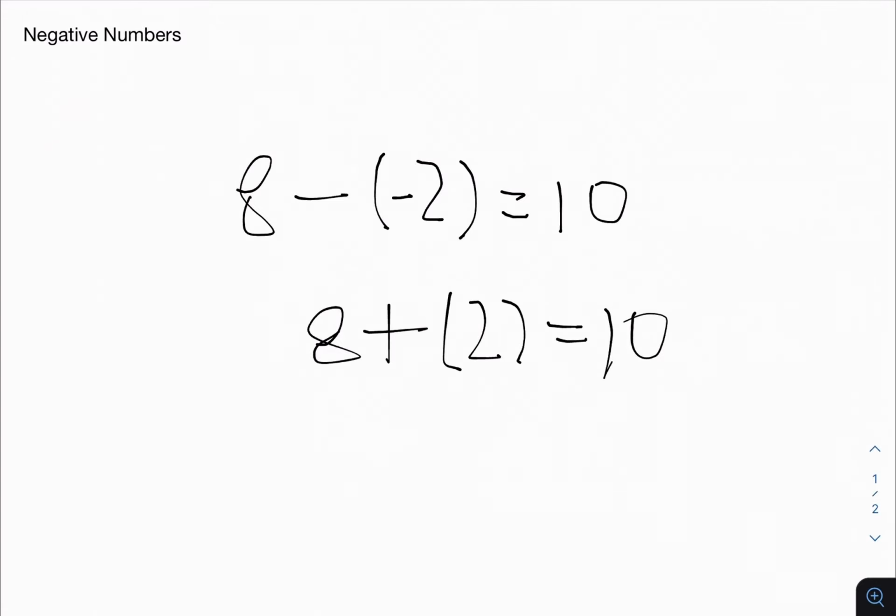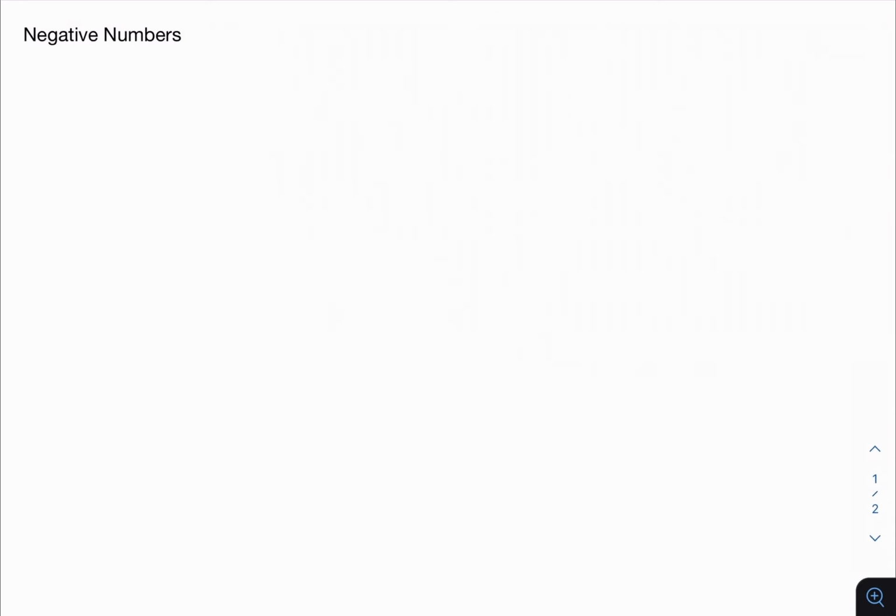And where can we apply negative numbers? You would see negative numbers in temperature. You would rarely see negative Fahrenheit degrees, but it is common to see negative Celsius degrees, like -5 Celsius.